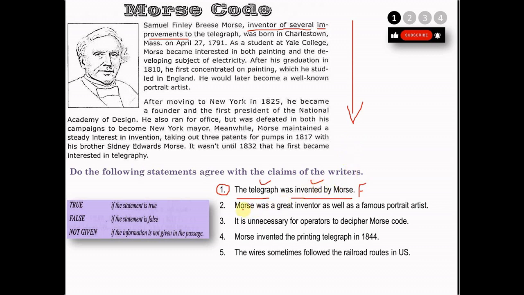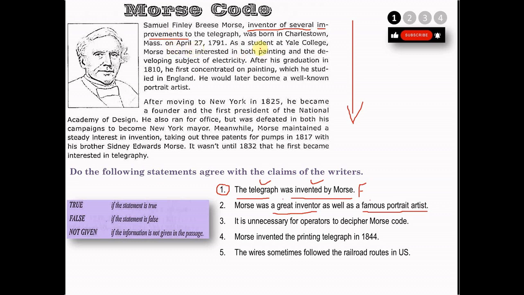Now, I will read the second question. Morse was a great inventor as well as a famous portrait artist. Here I will again fetch the keywords: great inventor and famous portrait artist. So remember, great and famous. He was born in Charlestown, Mass, on April 27th, 1791.